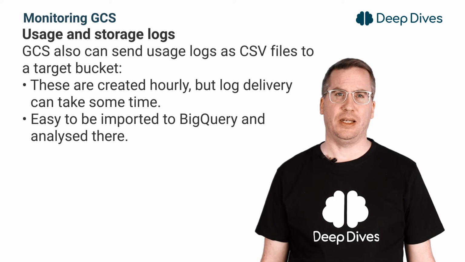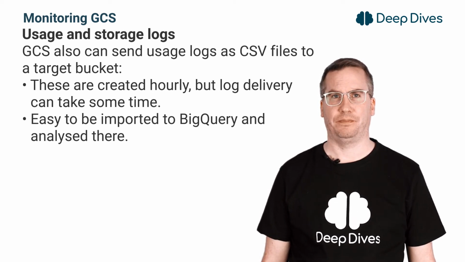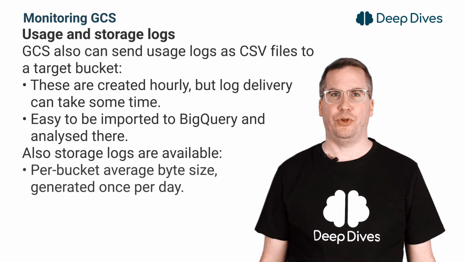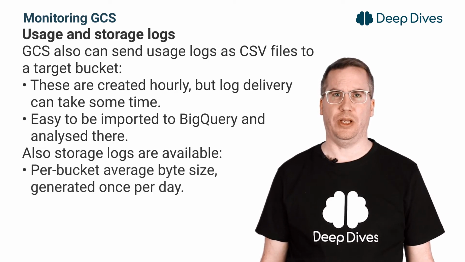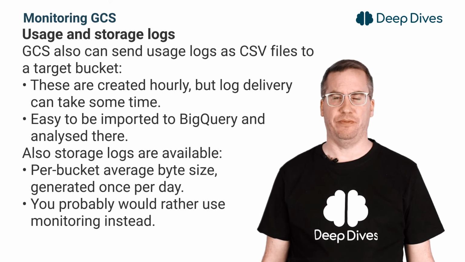These logs can easily be imported into BigQuery for further analysis. Also, storage logs are available. These basically give you a per bucket average byte size and are generated once per day. Nowadays, however, there is no real use for them, as you could use monitoring instead.